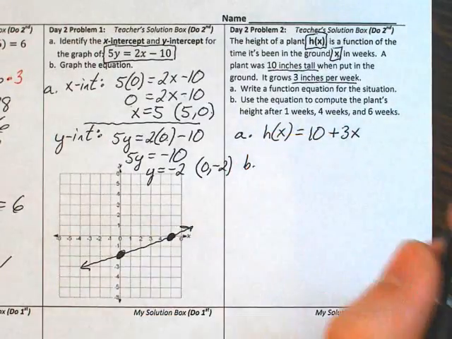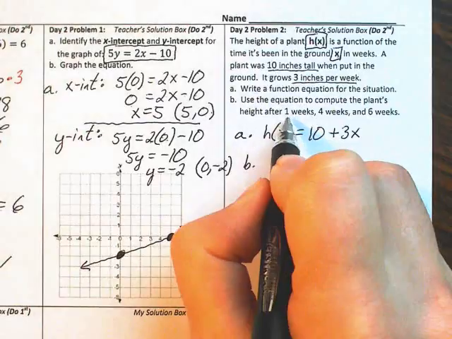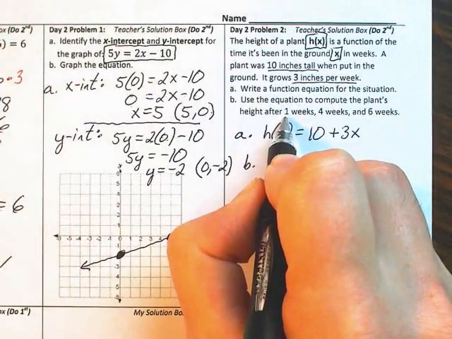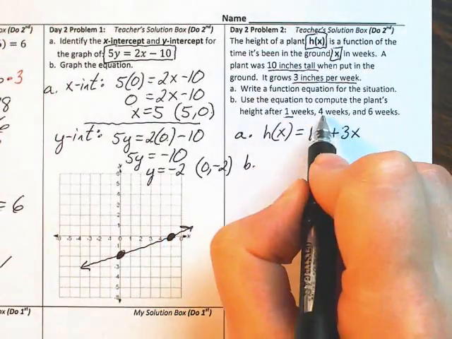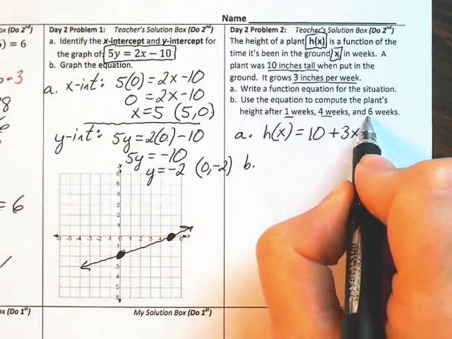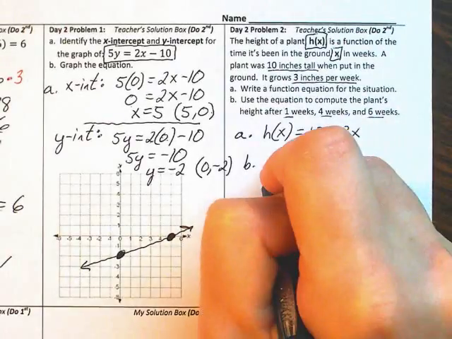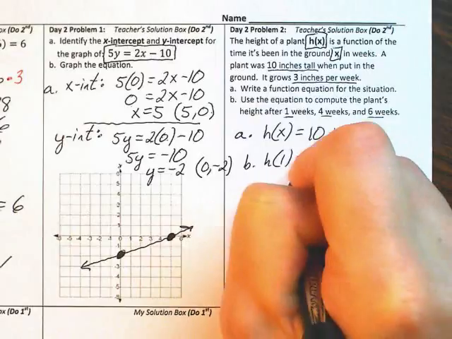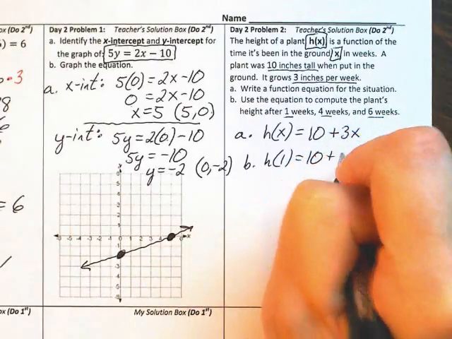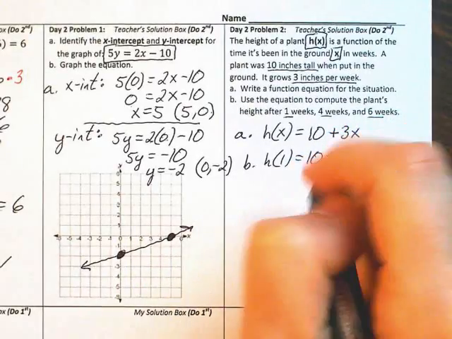Now in part B, let's use this equation to find heights of a plant after growing 1 week, after growing for 4 weeks, and after growing for 6 weeks. So h of 1 equals 10 plus 3 times 1.